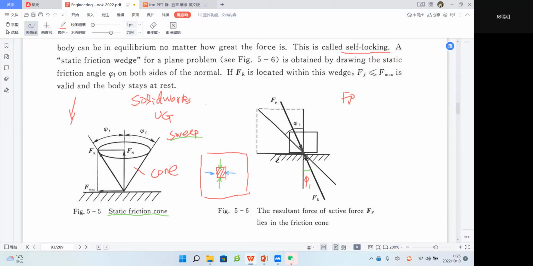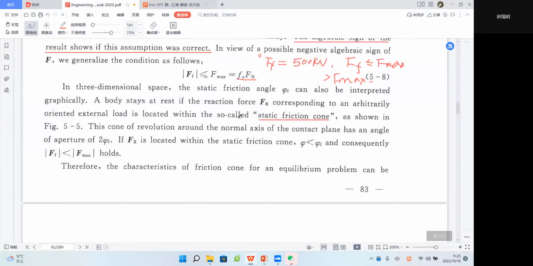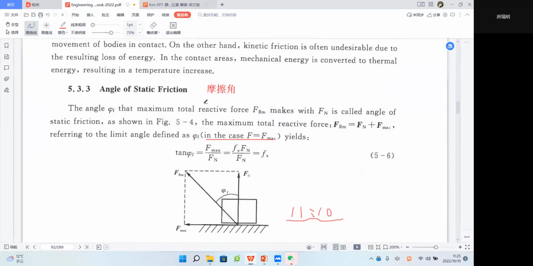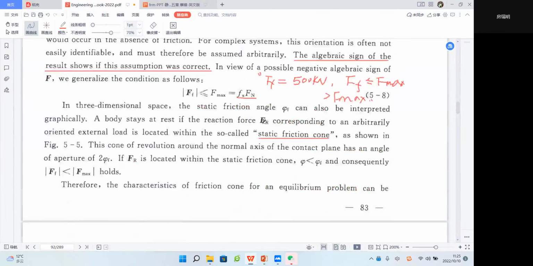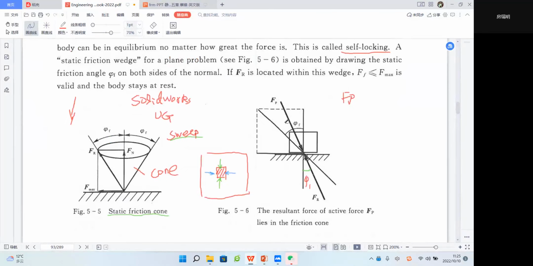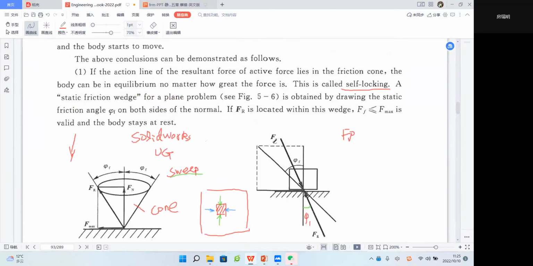Can you guys understand that? We call this self-locking, 自锁. This means no matter how big this FP is, this equilibrium state cannot be changed. It always keeps the condition of equilibrium.